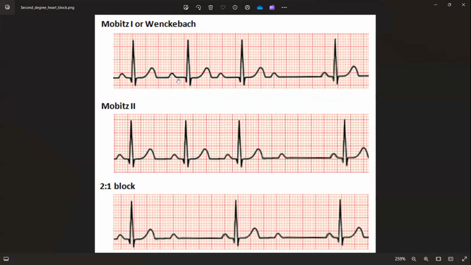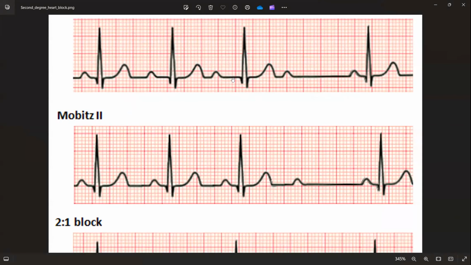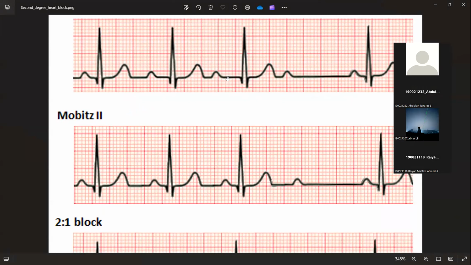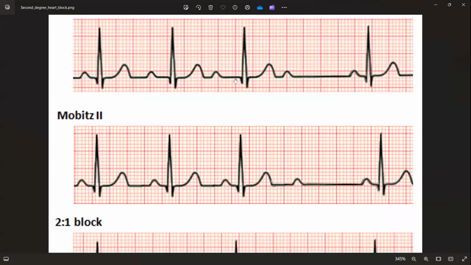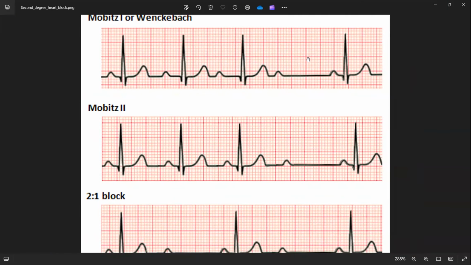First you have a lengthy PR. Here it is not very clear, but you can see you have a lengthy PR compared to this one. This is like normal PR, compared to this one this is lengthy. So first you have a lengthy PR interval, then a QRS missing, then you have a short PR like this. If I made it a bit bigger it would be visible.